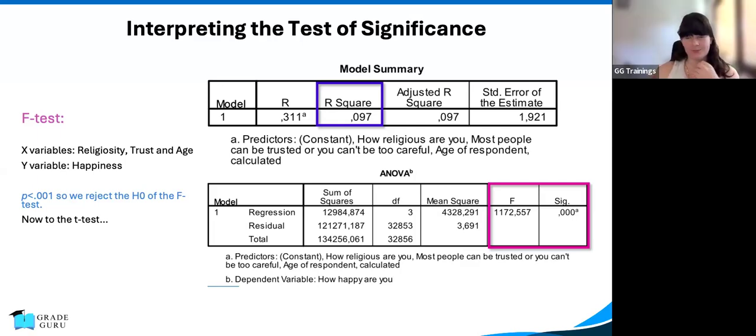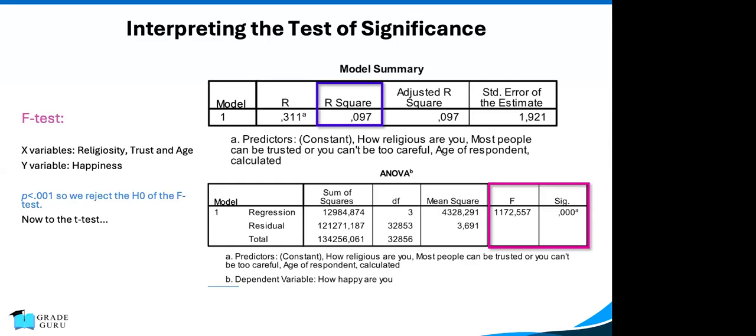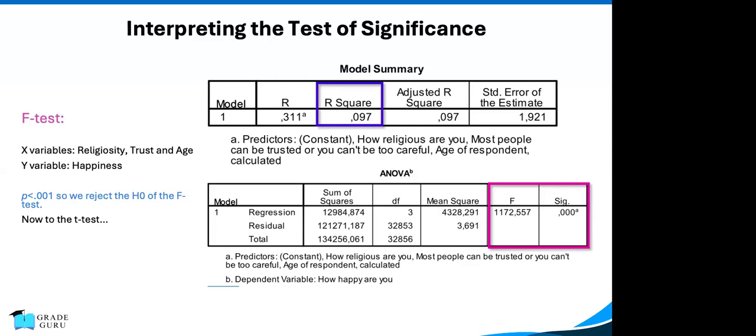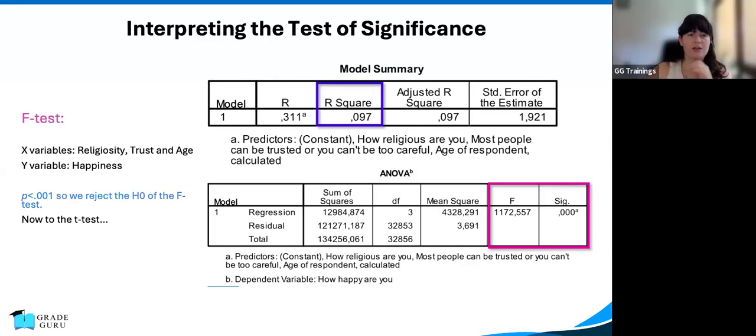Okay, Julia, you're up. Actually, how would you interpret the R square? I think you said it, but I forgot, sorry. Sure, I'll go back to that. Sorry, Julia, what did you want to ask?